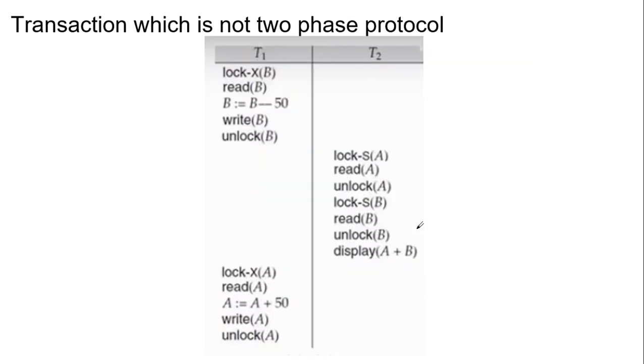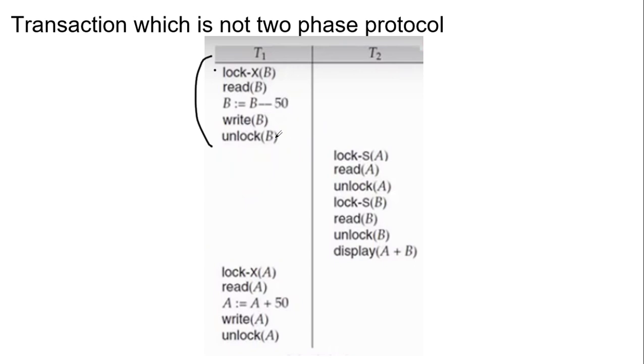Now let's see an example of a transaction that is not in 2PL. Here, in this period it is working with the data B, under an exclusive lock. After that we access the data, some basic ALU operations are performed, and I manipulate the data.